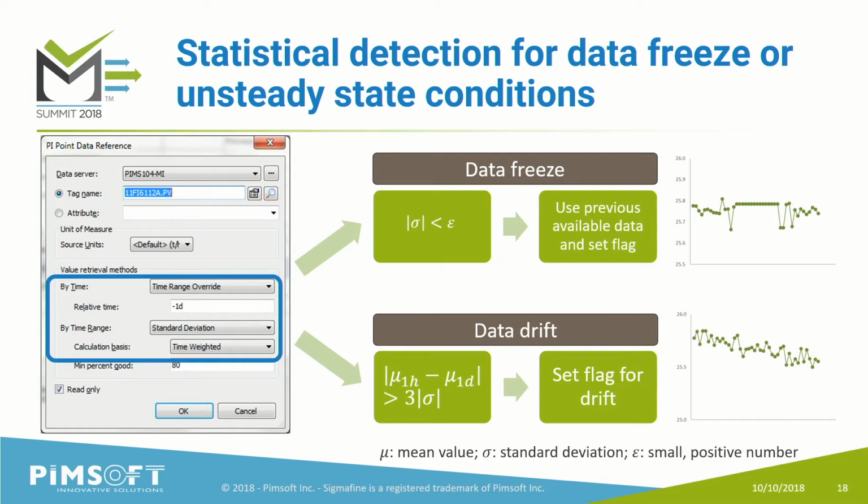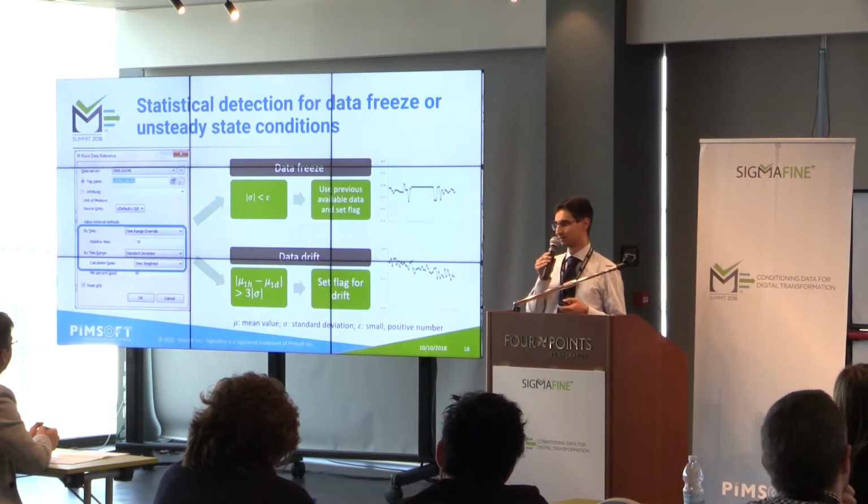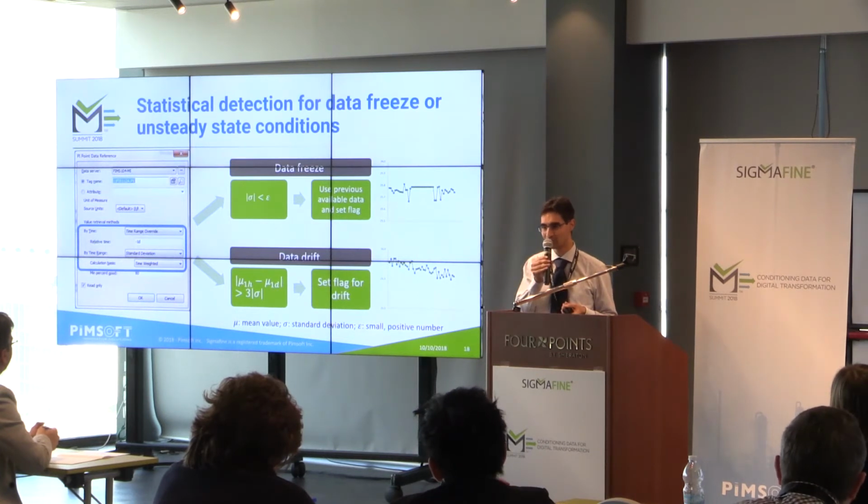Here we are comparing 1 hour with 1 day. If this difference is larger than 3 times the standard deviation, still this could be a good indicator of data drift. And so again, we could set a flag and notify that there is some deviation in the process.